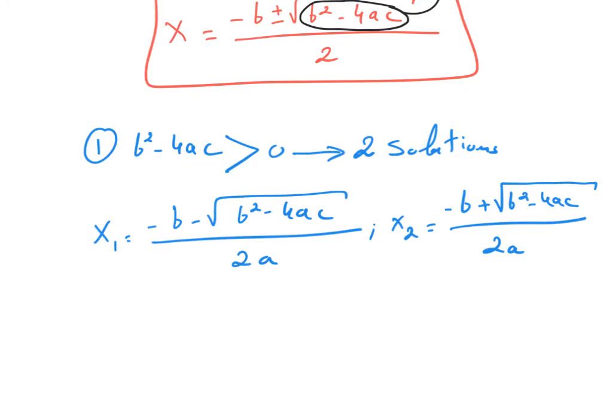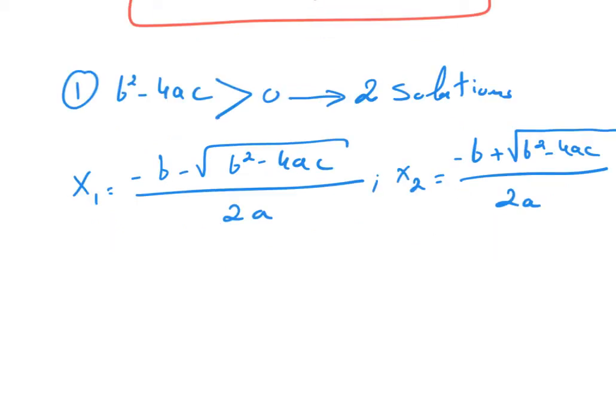So that will tell us how many solutions we're going to have. We don't even have to solve the problem. Sometimes they're going to ask you on a test how many solutions, if any, this quadratic equation has. So you just have to prove that b squared minus 4ac is greater than 0.